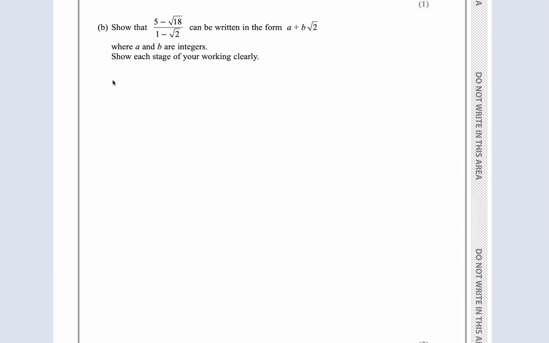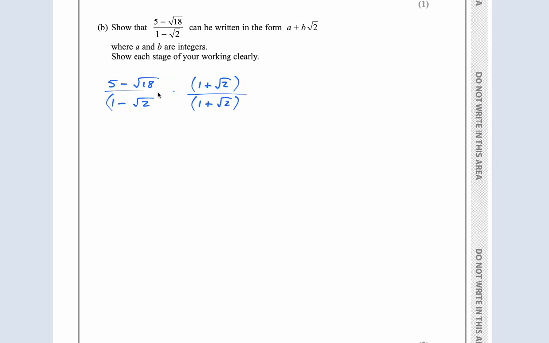So this is what I would call a fairly typical rationalize the denominator question. So we are going to multiply the top and the bottom by 1 plus root 2, the conjugate of the bottom, which is the other sign. So it's 1 plus root 2 over 1 plus root 2.